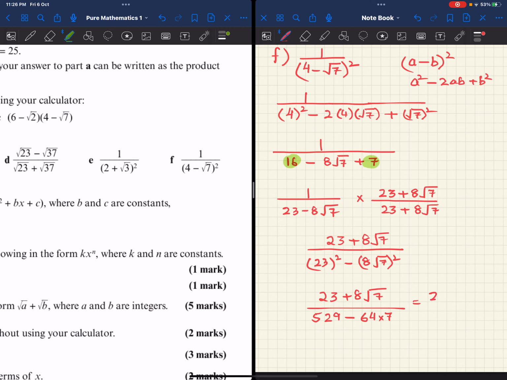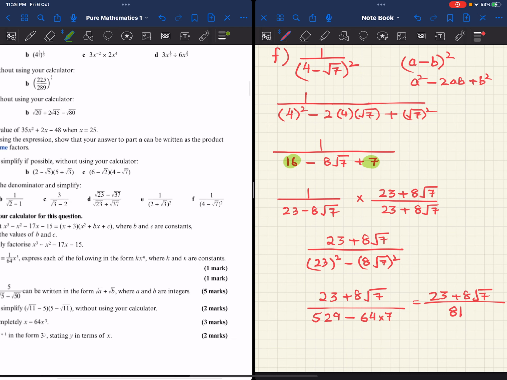So the numerator stays as it is. The denominator simplifies to 529 minus 64 times 7, which is 81. So that is our final answer to question number F.